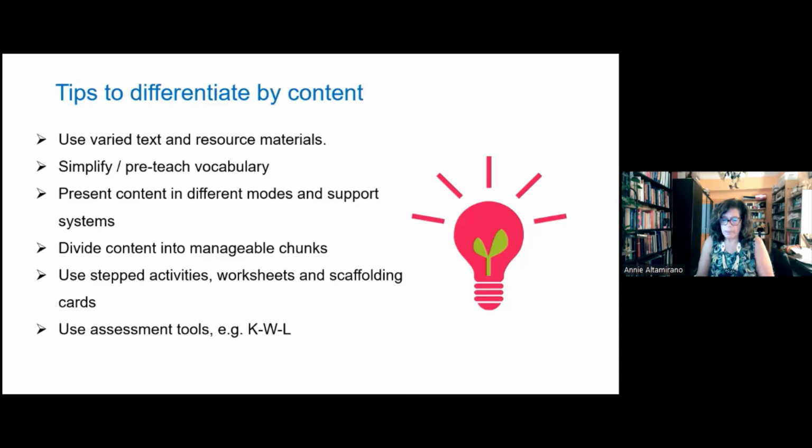For example, what I mean by scaffolding cards: when the students are doing a speaking activity, suppose, and they have to work in a small group and they have to give opinions or agree and disagree, etc. So what you can do is give students cards or pieces of paper with sentence starters that will help them do the speaking activity, with sentence stems, for example, useful language that they can use to agree or disagree.